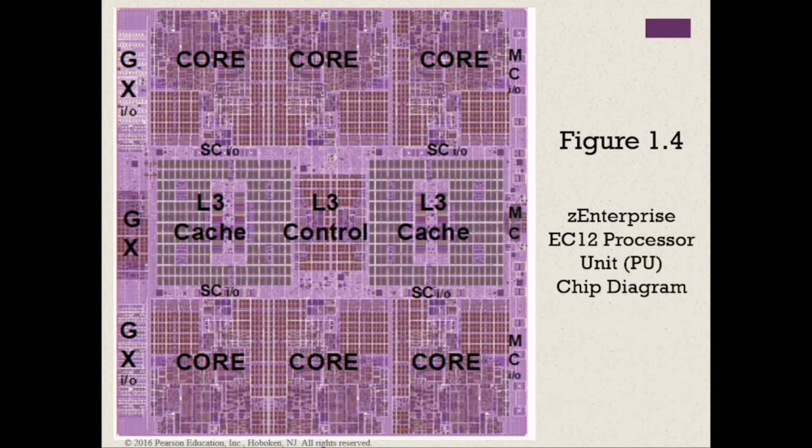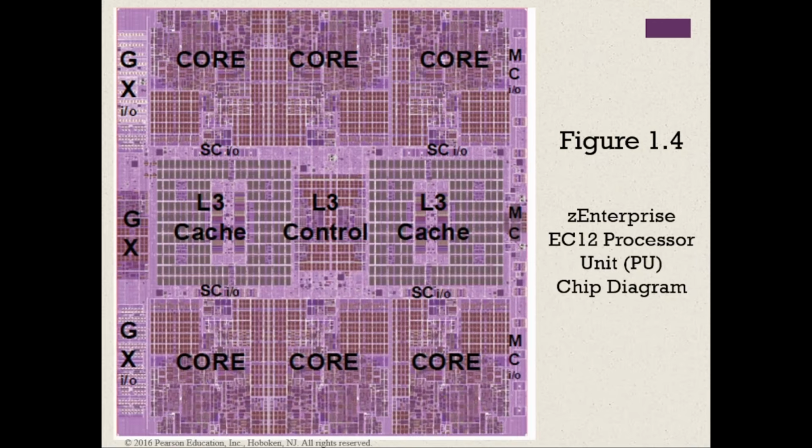We have four L3 caches, which are shared by all 6 processors. The L3 controls traffic between the L3 cache and the cores, and between the L3 cache and the external environment. Additionally, there is storage control, or SC, logic between the cores and the L3 cache. So that's why we have this SC.